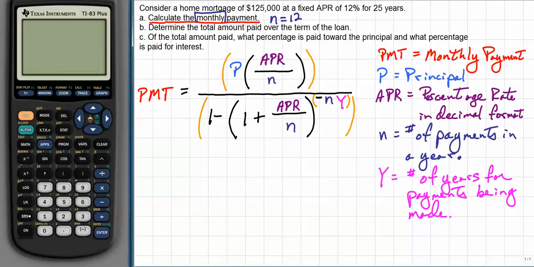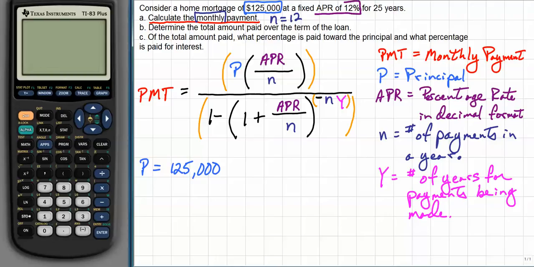P, our principal, is going to be equal to the amount of money that we're going to borrow. So P is going to be equal to 125,000. I already know what N is, but I'll write that down in a moment. Then we need to look at the APR, which is the percentage rate in decimal format.